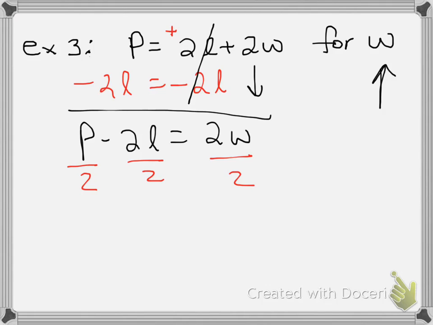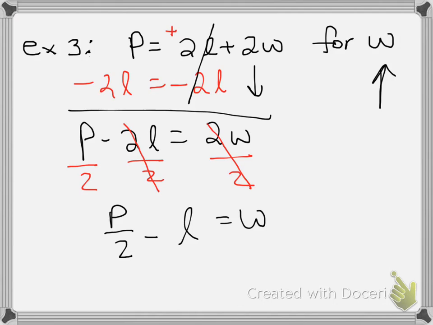Now look at this. 2 divided by 2 is 1, so that's going to be W. We have another 2 divided by 2, and that's a minus. And this right here is P over 2. So we're going to write P over 2 minus, and the only thing left here is the L. So it's P divided by 2, subtract L, will give us our width.